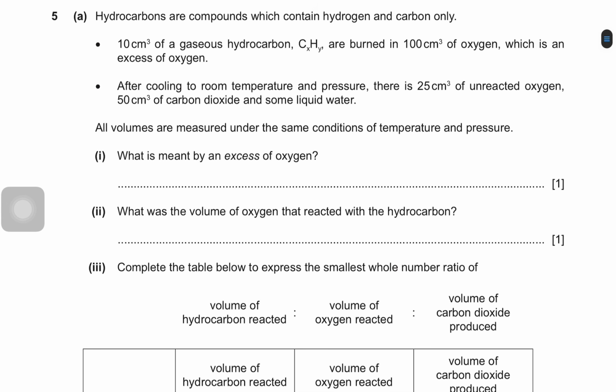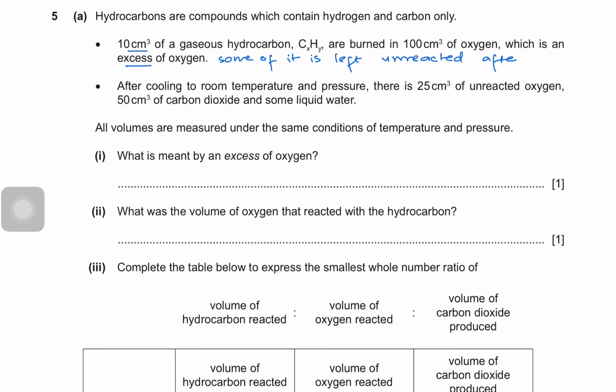Like this question says, hydrocarbons are compounds which contain carbon and hydrogen. 10 cm³ of gaseous hydrocarbon are burned in 100 cm³ of oxygen, which is an excess. Excess means some of it is left unreacted after the reaction.